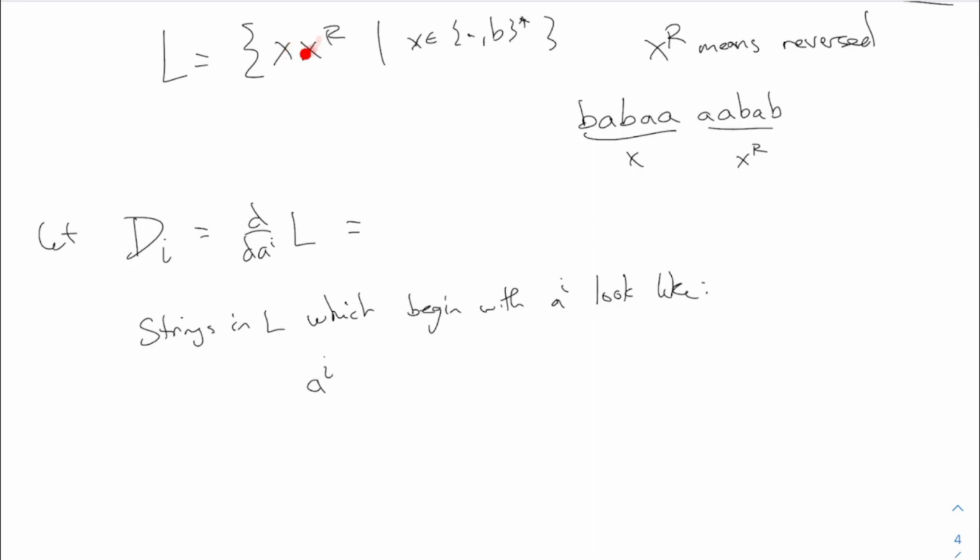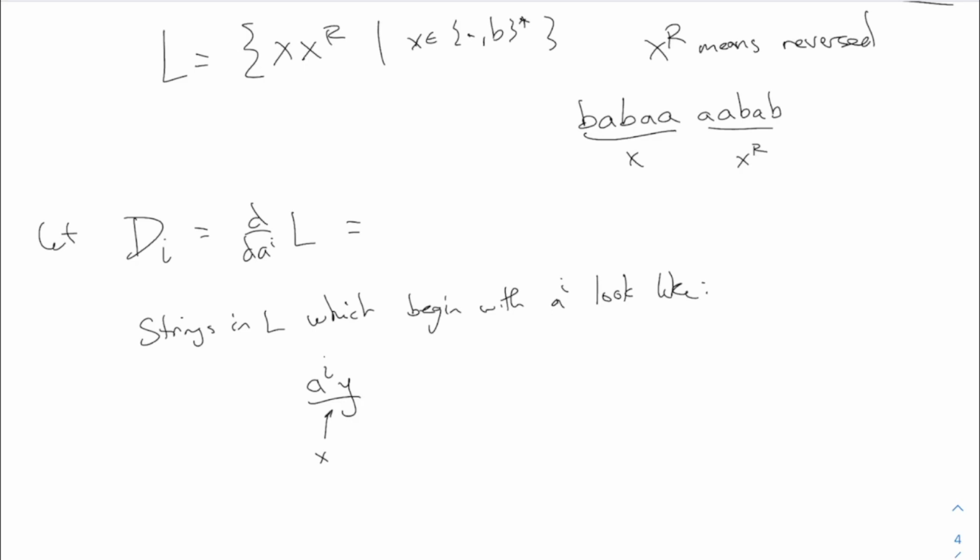I imagine that the x part actually starts with a to the I, so it's going to be a to the I followed by some other stuff, that's the x. And then what's the rest of the string going to look like? It should be the reverse of x.